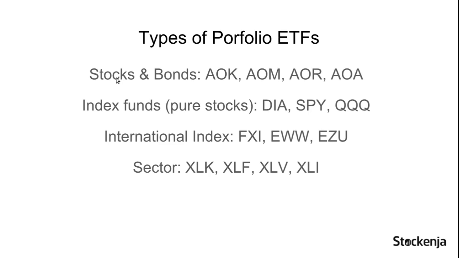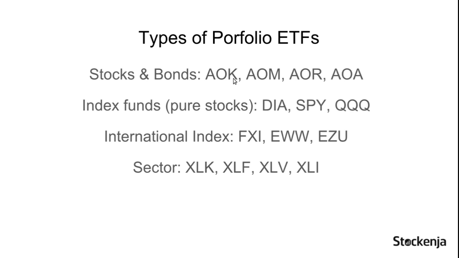The first type of portfolio ETFs consists of a mixture of stocks and bonds. This type of portfolio ETF is the safest ETF that will survive a bear market while generating a healthy return in the long run. I'm going to introduce 4 stock and bond ETFs, namely AOK, AOM, AOR, and AOA.